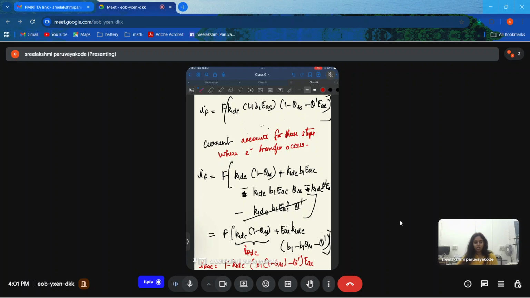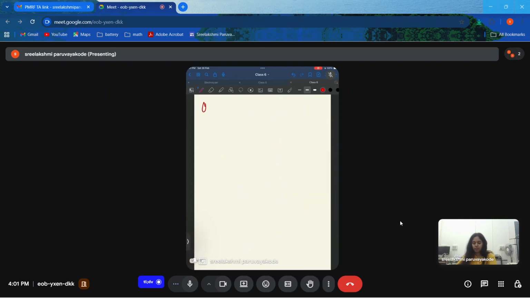Now the next part is what is theta dash. Now how do you find out the theta dash? To find the theta dash, what you have to do is ∂theta/∂t.